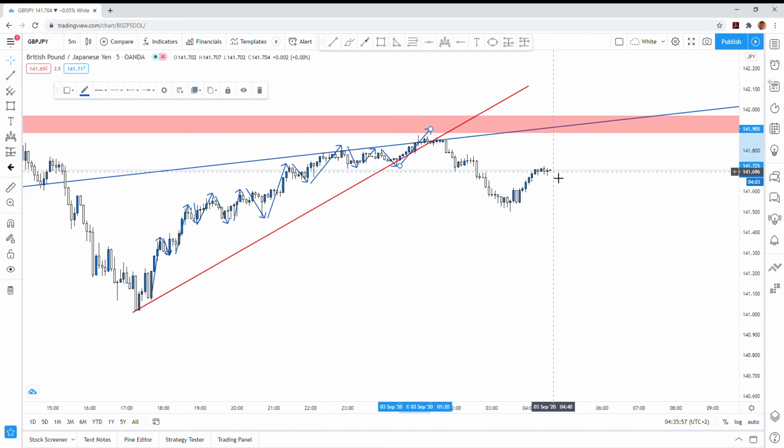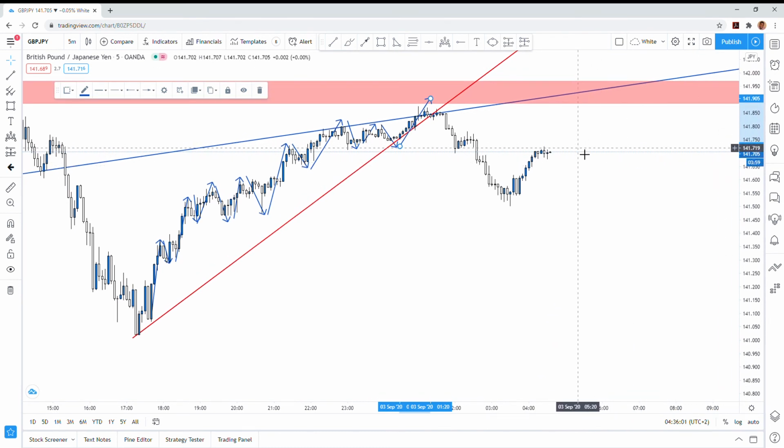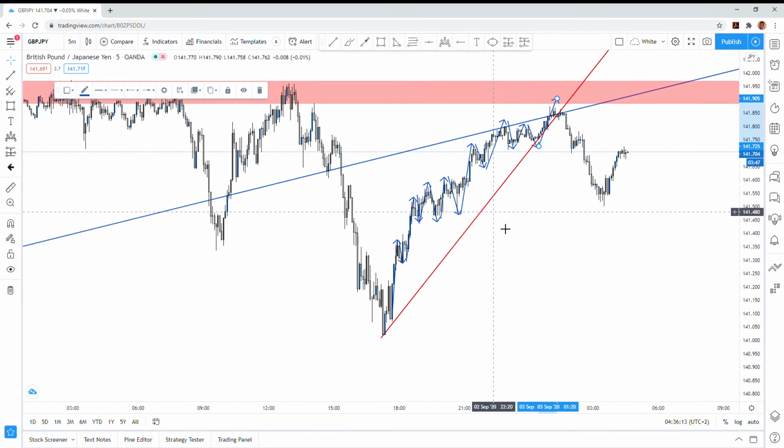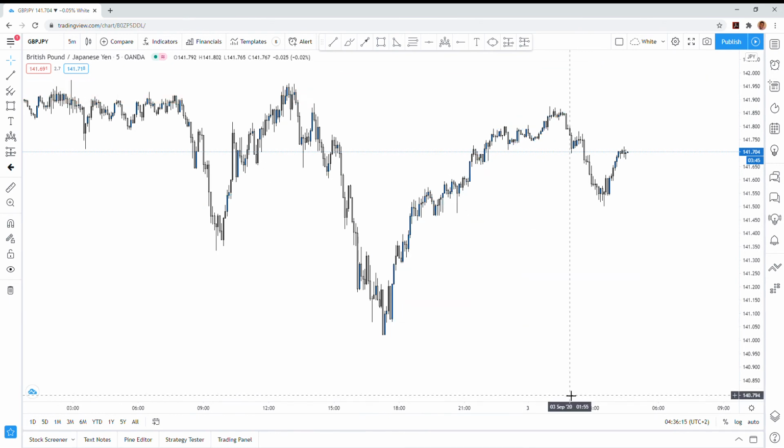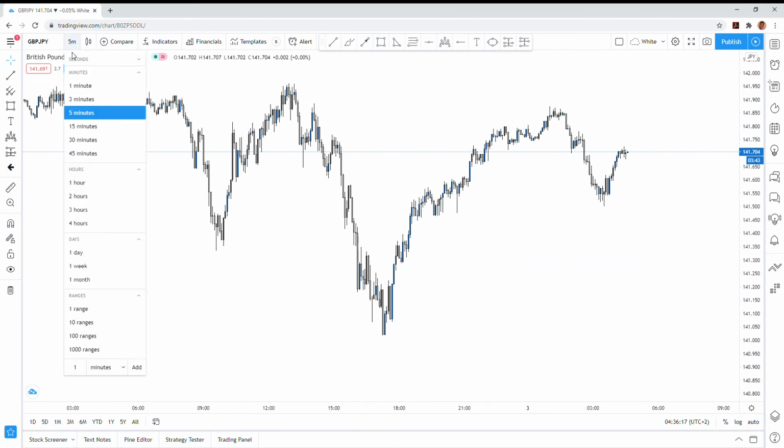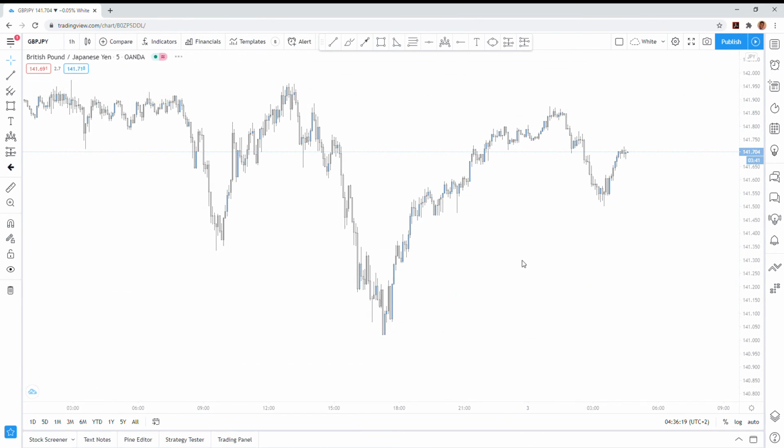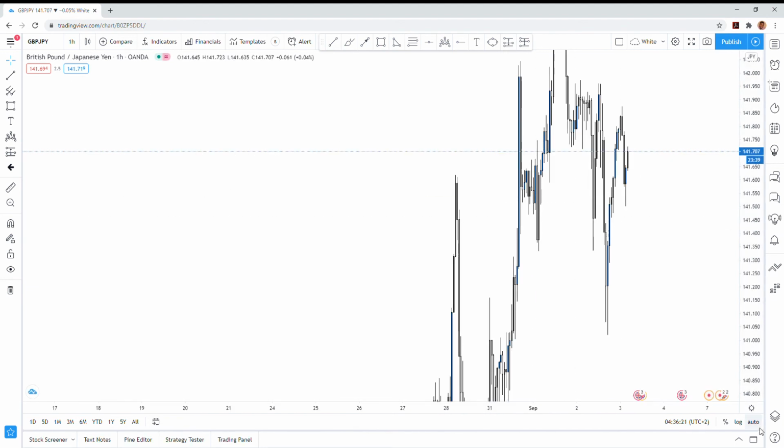So when the pullback is finished, then you take your sell. Now when you see your bearish engulfings, they make much more sense because they're in line with the trend. I hope you understood that, guys. I just feel like it was a mouthful, but I hope you understood this concept.